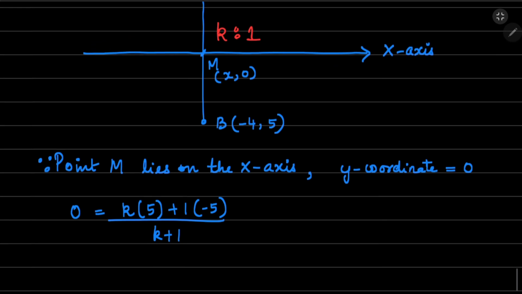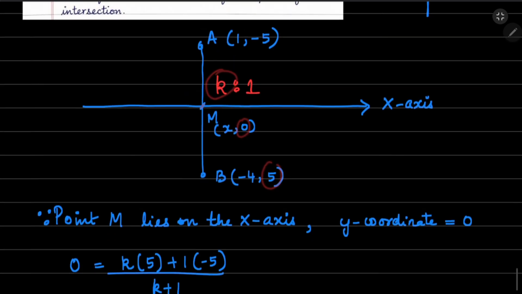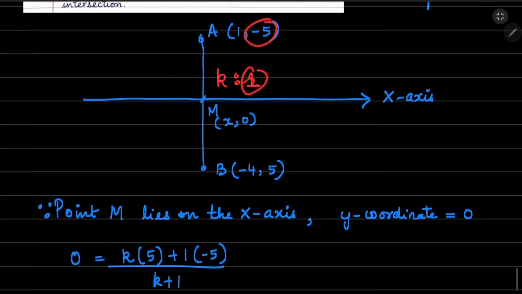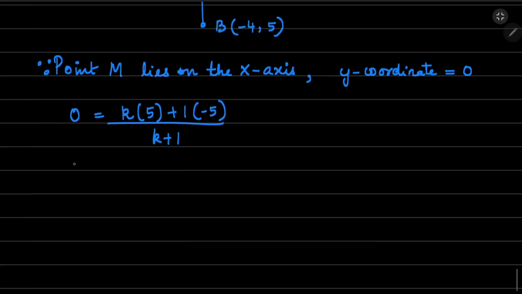The y coordinate of the point of intersection is 0. Applying cross multiplication, you'll get 5k minus 5 equal to 0, 5k equal to 5, or k is equal to 1.